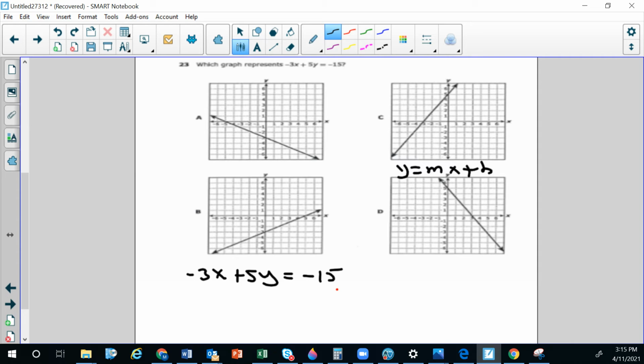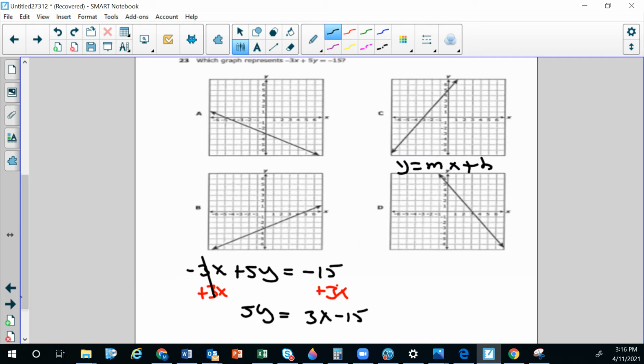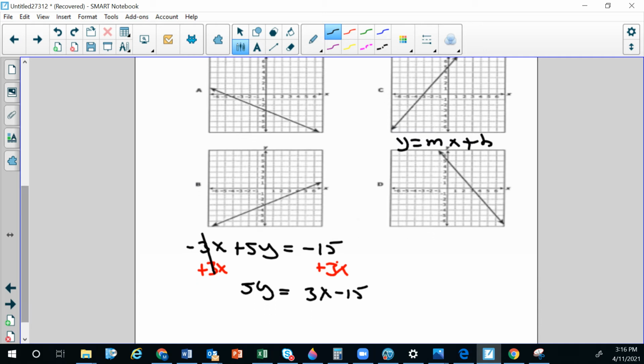So I'm going to add 3x to both sides. That goes away, so I'm left with 5y equals 3x minus 15. And now I want just y, so I'm going to divide both sides by 5.